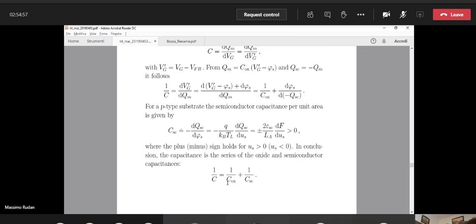Also, you may notice that when the inverse of a capacitance is the sum of the inverses of two individual capacitances, that means that the two individual capacitances are placed in series to each other. So the MOS capacitor is the series of a constant capacitance due to the oxide and of a non-constant capacitance due to the semiconductor.